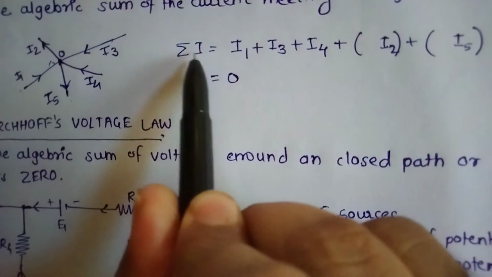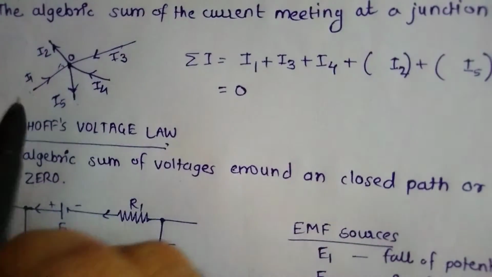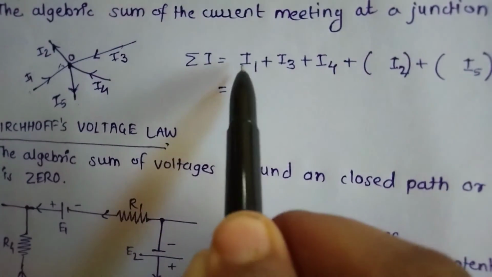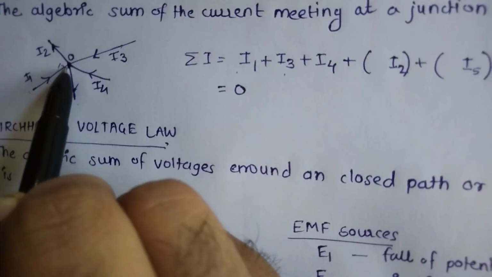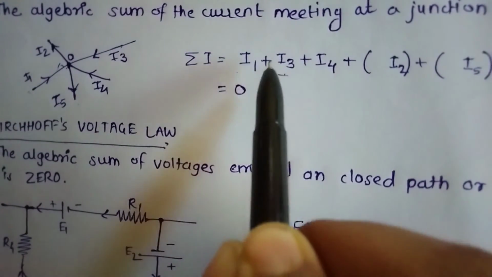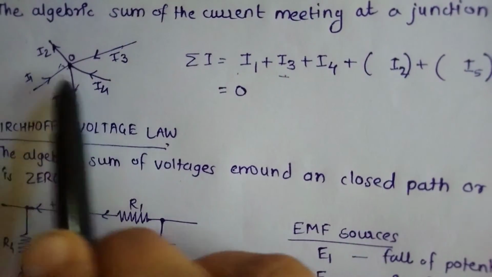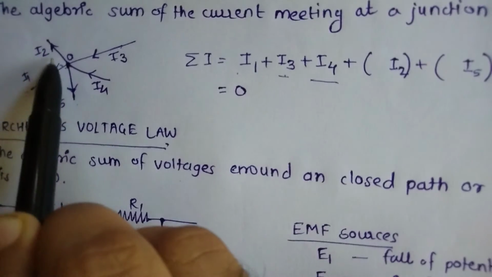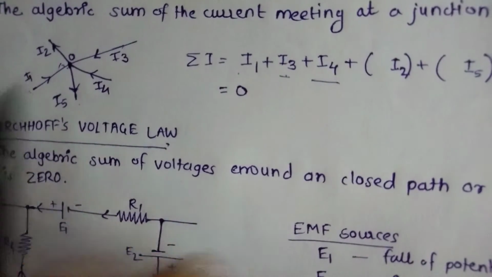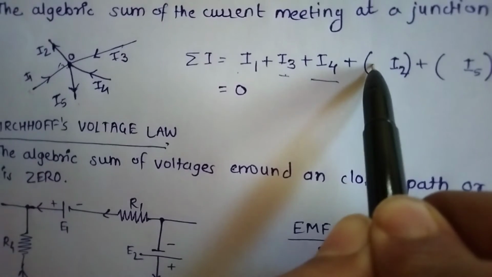So in the summation of I, I1 is moving to the junction, so we take it as positive. I3 is moving to the junction, so we take it as positive. And then I4, which is also moving to the junction, so positive. I2 is moving away from the junction, so we should take it as negative.